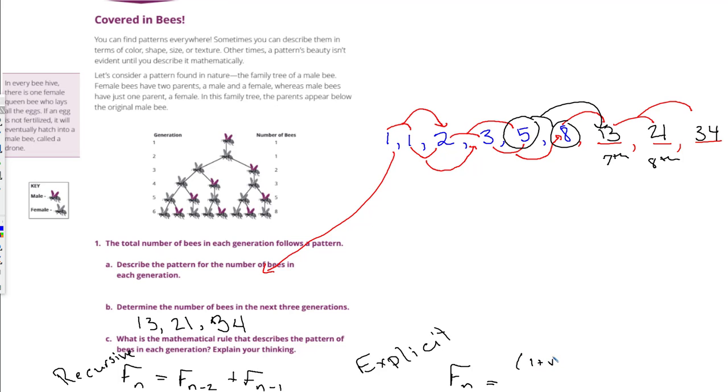It is 1 plus the square root of 5 to the nth power, minus 1 minus the square root of 5 to that nth power, all divided by 2 times 2 to the nth power times the square root of 5. And so that's the explicit. So if I'm trying to find the 8th, I plug in an 8 for my n's, and that gives me my answer.